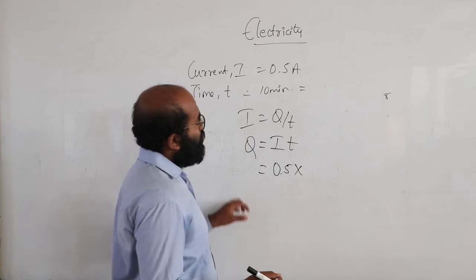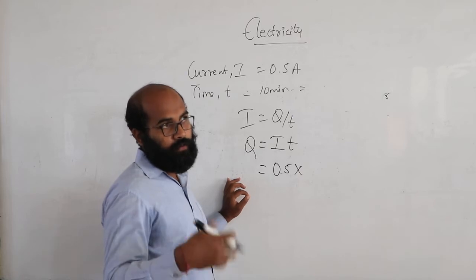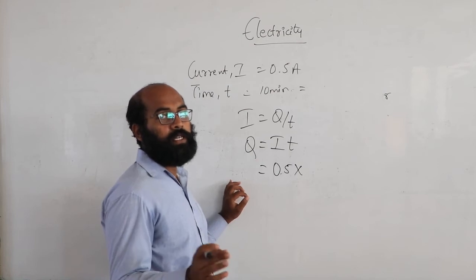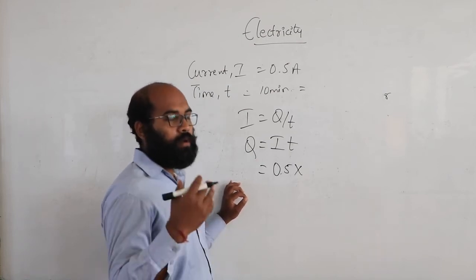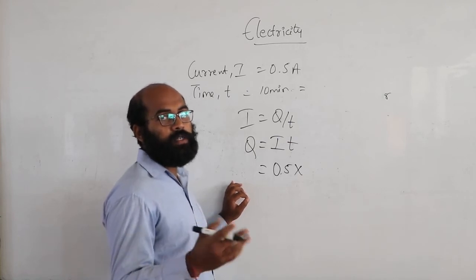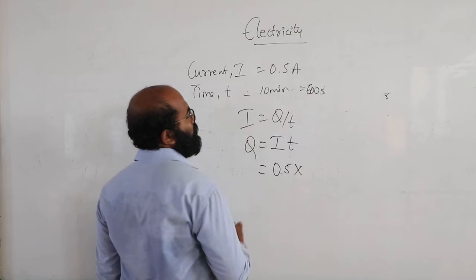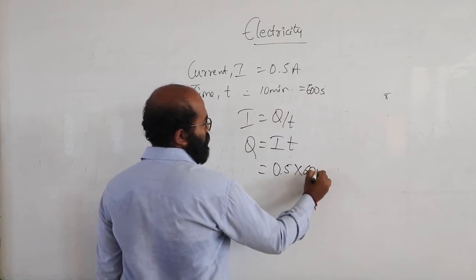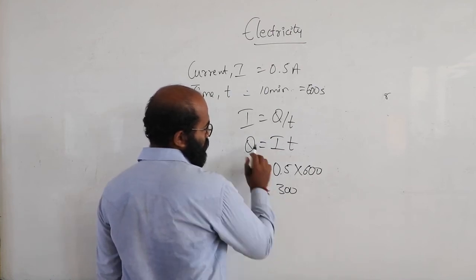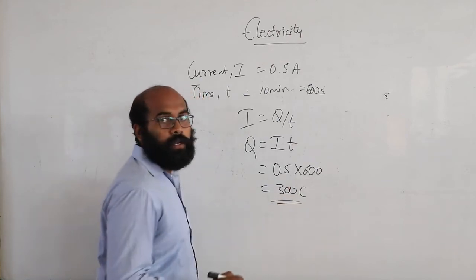Except for a few cases which you will be learning in future classes, that is in power or electric power, where you will be using kilowatt hour, in all other problems try to convert minutes to seconds or hours to seconds. So 10 minutes will be 600 seconds. So 0.5 into 600 is 300. The unit of charge is coulomb, so it is 300 coulomb.